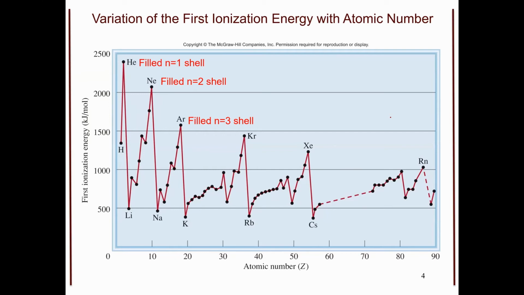Notice that if we have a full shell, we do not want to forcibly remove an electron. So if we have an atom that is near this and we get to a full shell, that is when we are going to see our massive jumps in energy that we are going to have to deal with.